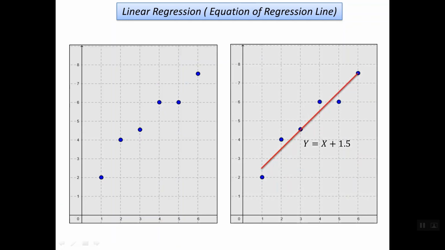For example, these points, which represent the relationship between 2 variables, we can simply draw a line with this formula: y is equal to x plus 1.5.